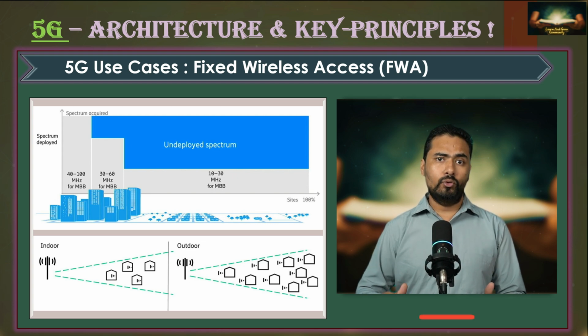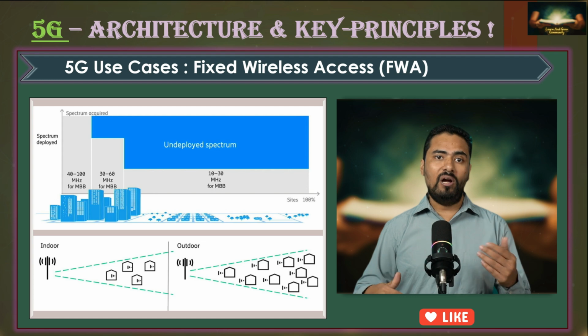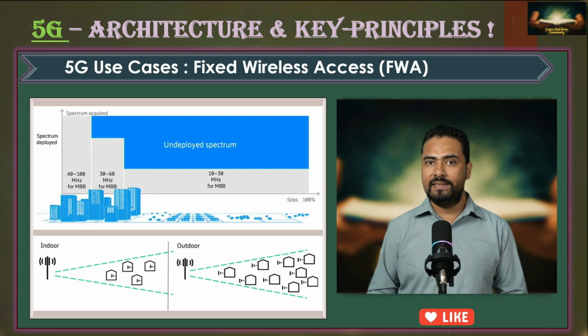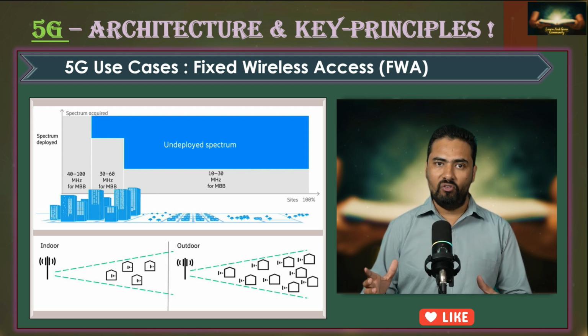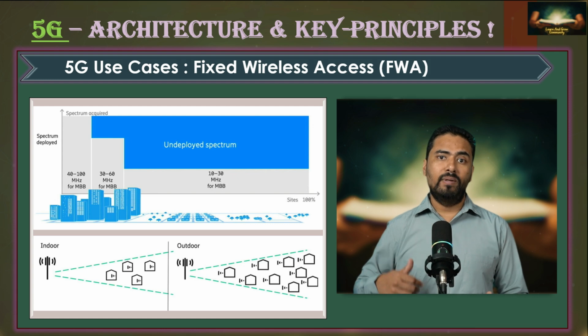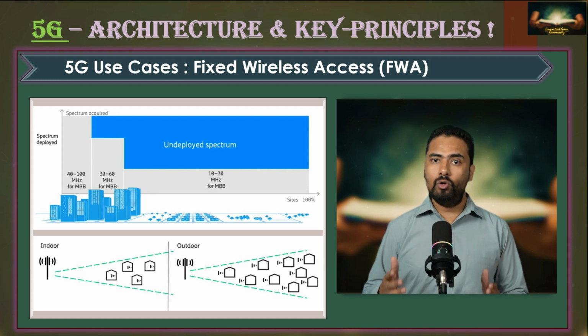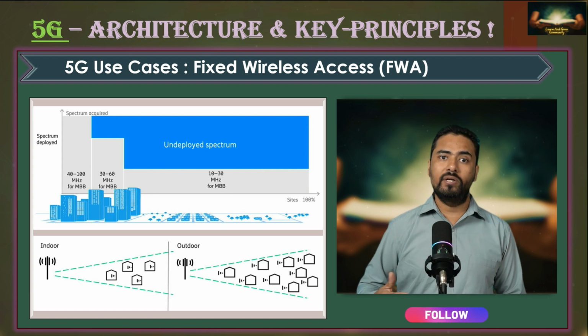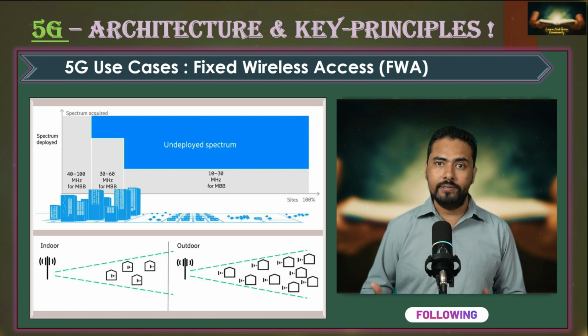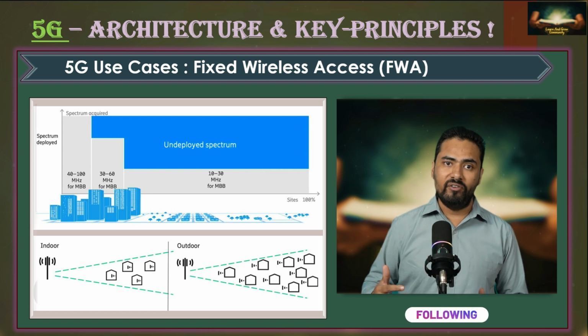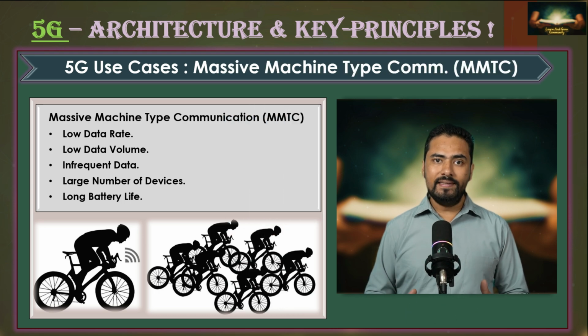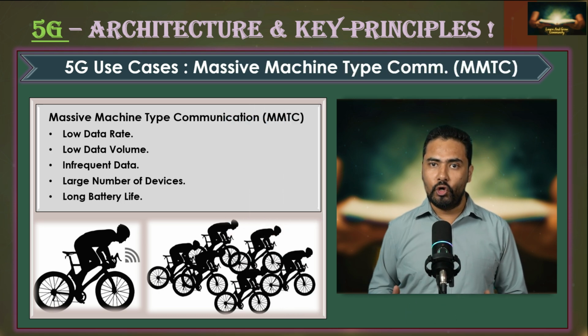This device connects to the 5G network and offers Wi-Fi or Ethernet to the home devices, just like a Wi-Fi hotspot device. And this can become the main source of internet in the future. Hence, fixed wireless access also provides an additional way to generate revenue for the telecom operators on top of their mobile broadband revenues.